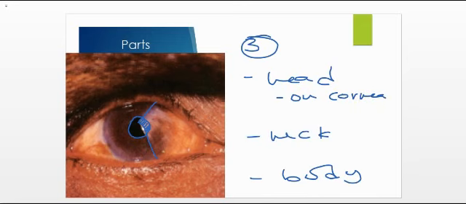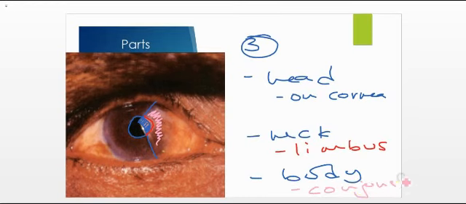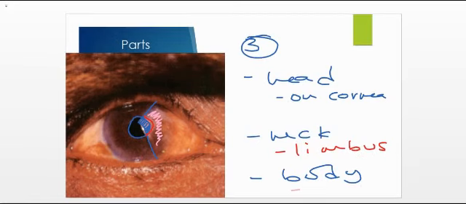Then let's use a different color. Anything on the limbus, and just try to imagine that's your limbus, is your neck. And the balance, whatever you see on the conjunctiva, lying on the sclera, is your body, because it's a fold of conjunctiva lying on the sclera.